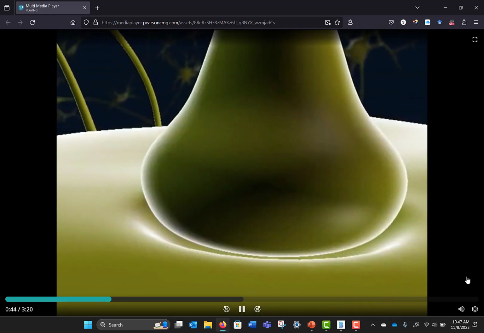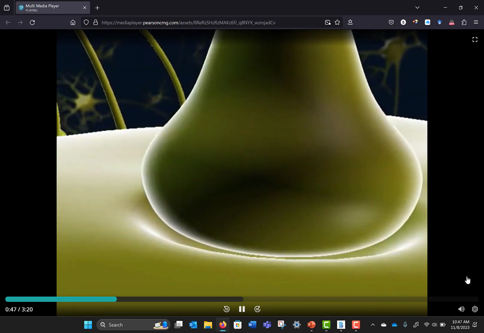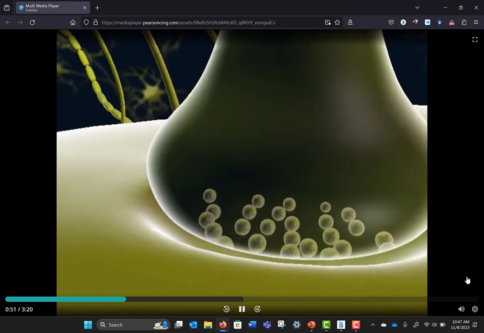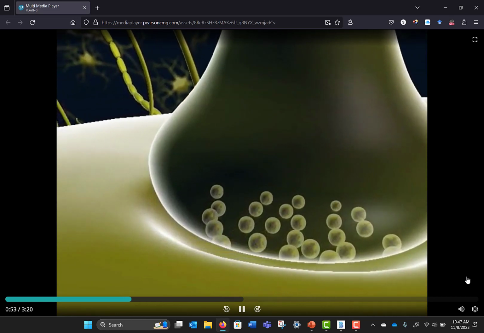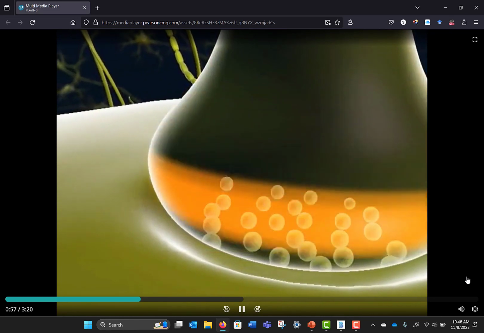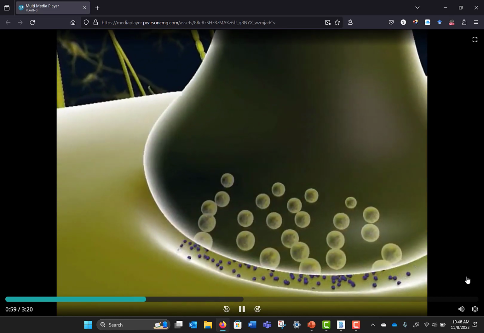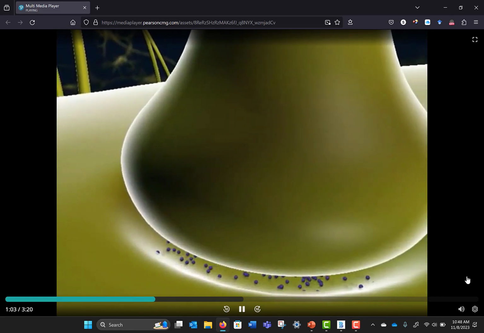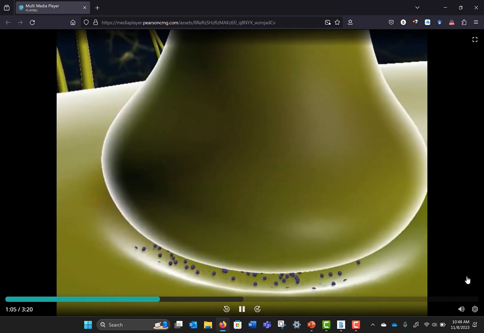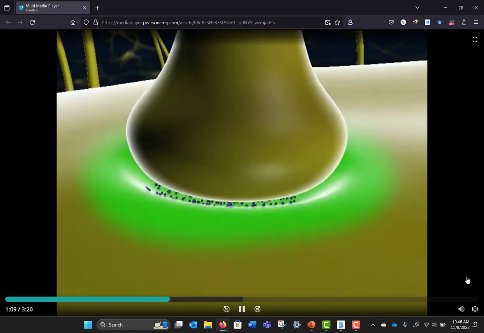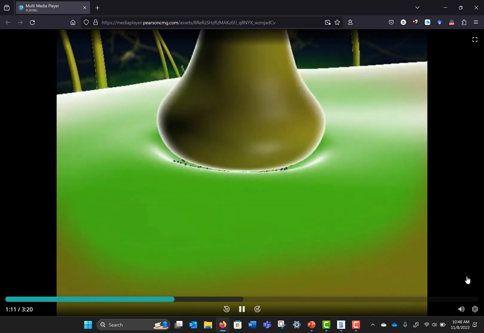The synaptic terminal of a sending neuron contains numerous vesicles filled with neurotransmitters, chemicals that carry information across the synaptic cleft. When an action potential reaches the synaptic terminal, the vesicles fuse with the plasma membrane of the sending neuron, releasing neurotransmitters into the synaptic cleft. The neurotransmitters affect the receiving neuron, changing the distribution of charge across its membrane.